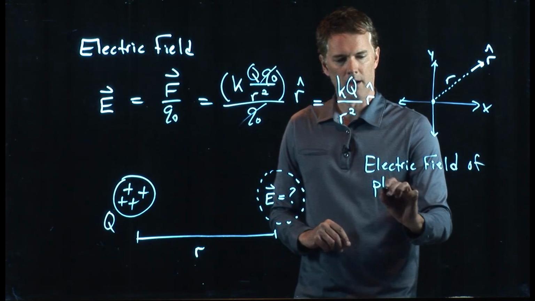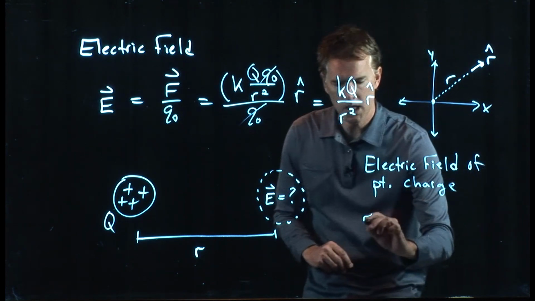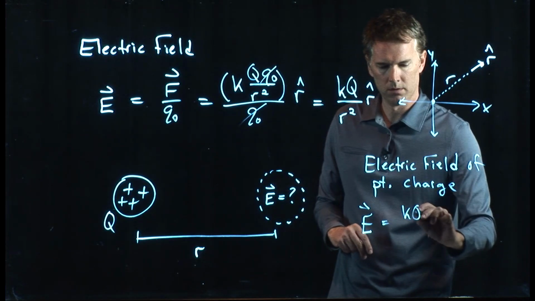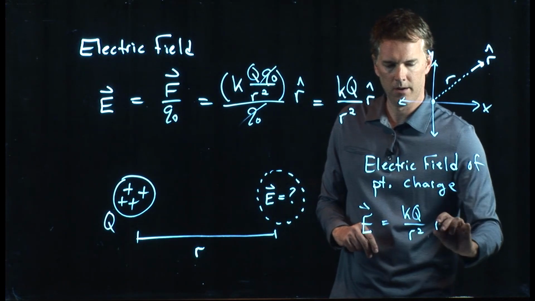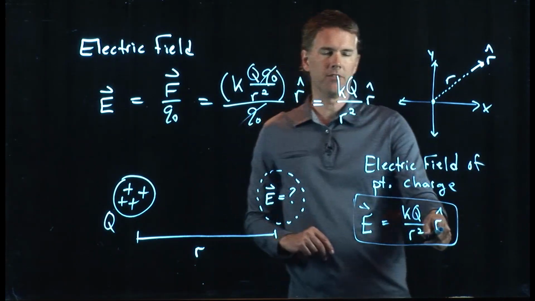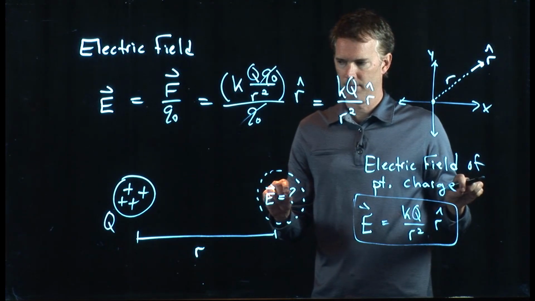Electric field of a point charge, E, is KQ over r squared r hat. That r hat is just the direction. It means pointing away from the point charge.